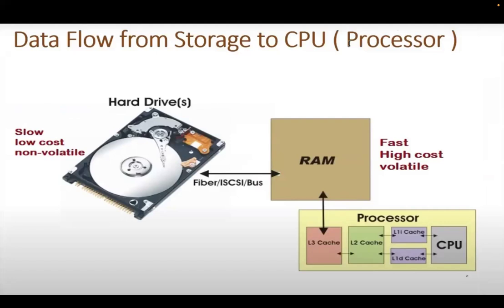Then there is RAM, random access memory, which has limited capacity but is fast in accessing anything. We have a hard disk, which is permanent storage with more capacity, but it is a little bit slow. It is non-volatile, which means data is not lost even if you turn off the computer. RAM is volatile, it loses the data as soon as you shut down the computer, right?